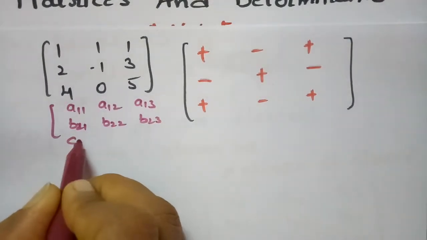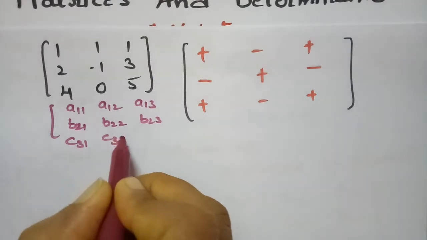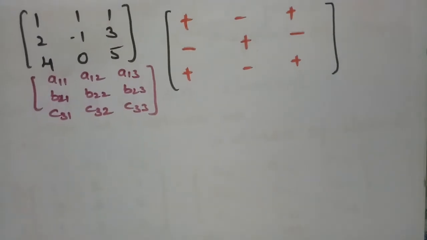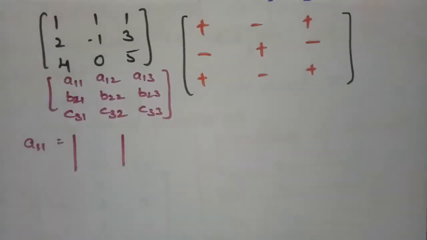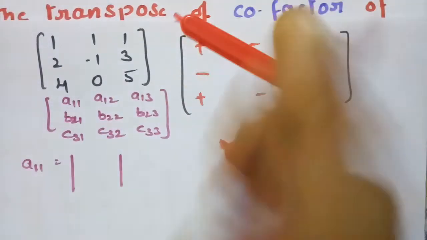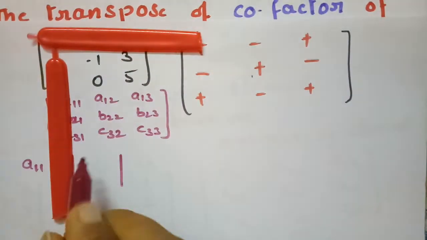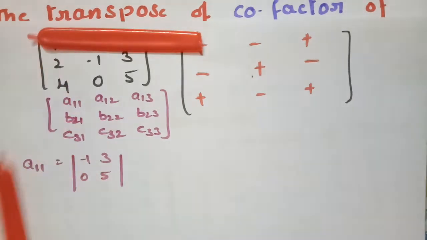And here row 3, column 1, row 3 column 2, and row 3 column 3. For each of these positions we have to find the minor. So this is A11. For finding A11 we have to close this row and column.